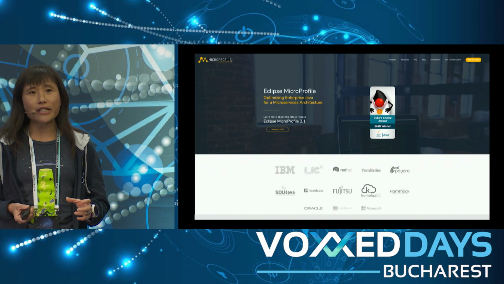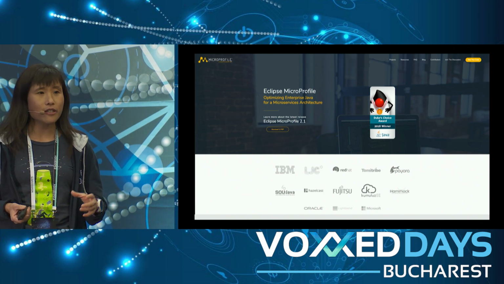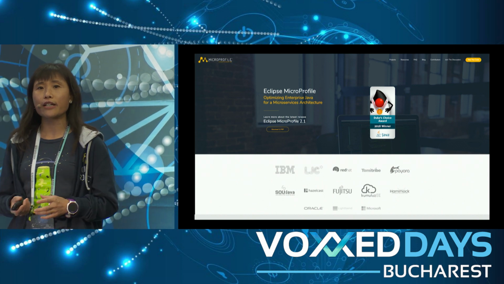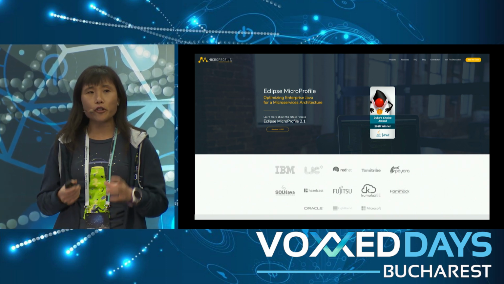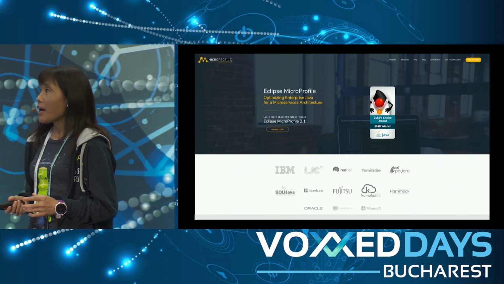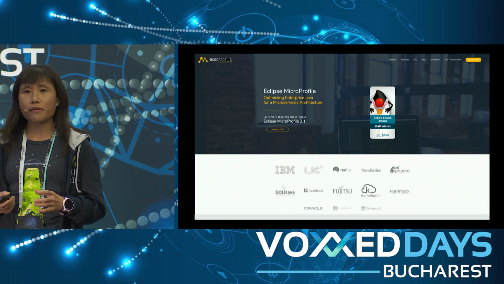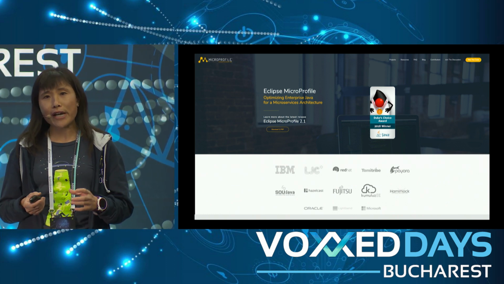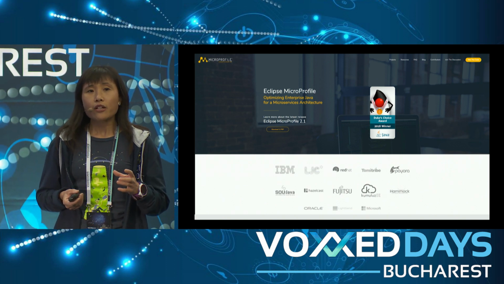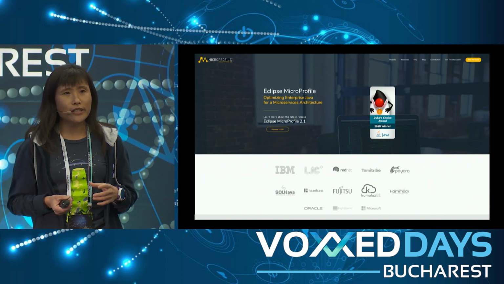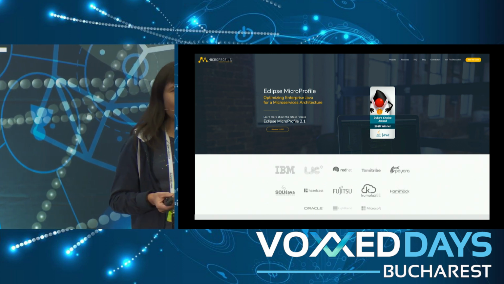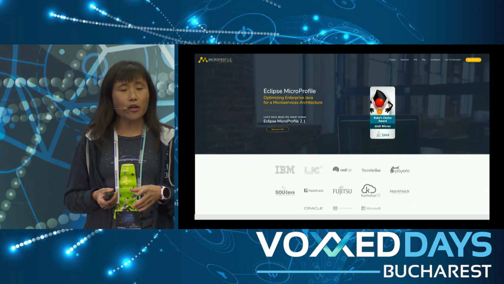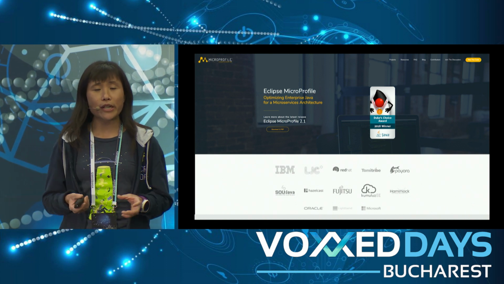MicroProfile is a completely open community. It's for people to come together to collaborate and evolve the programming model for doing microservices. It's trying to optimize Java for a microservice architecture. It was started in the second quarter of 2016 by IBM, Red Hat, Payara, Tomitribe, LJC, and some individuals.